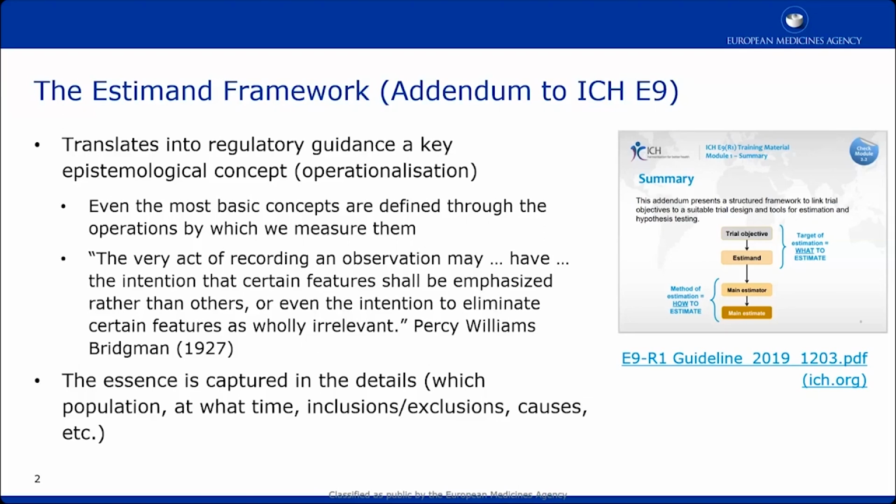And it turns out that in order to clearly define something, we need to express how we measure it. And measuring something in a clinical trial isn't just about the tool or the caliper that is being used to take a measure, but it's broader.